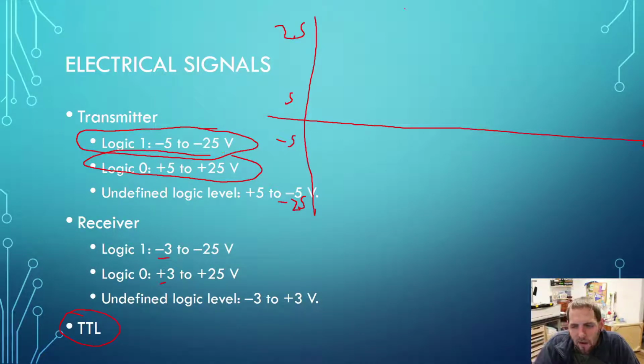Also, the higher the voltage though, if we're rocking all the way out here from 25, it takes longer for that voltage to change from -25 to +25 at a transition. We all want to think of that as an instantaneous change, and it may be on a very short wire, but it's never actually going to be truly instantaneous.